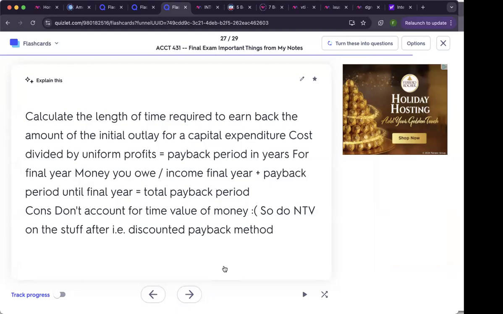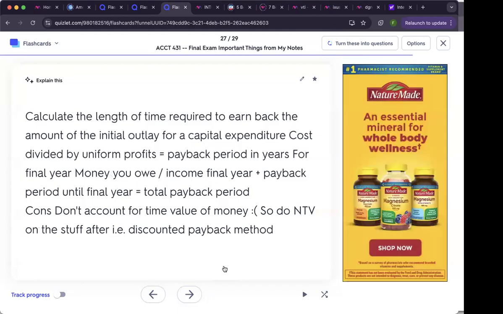So basically what I'm saying there is you do the capital expenditure minus the income coming in, and you see where you finally break even, like what year was that? But if there's not a year where it equals exactly zero, you're gonna break even between years.